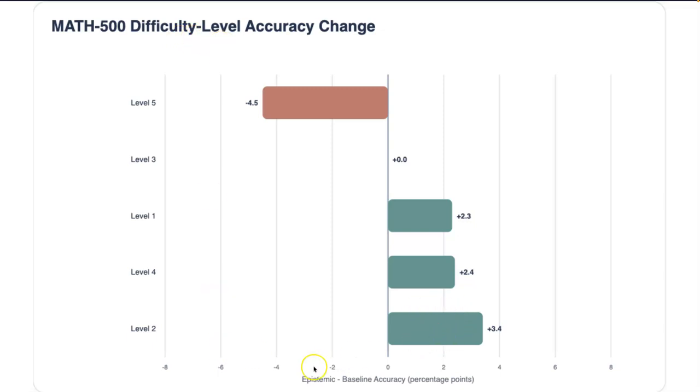So we can see the epistemic model increased accuracy by about 3.4% on level 2, and also increased 2.4 on level 4 and about 2.3 on level 1. They have the same on level 3, but for level 5, which is the hardest problem, the epistemic model did not do well.